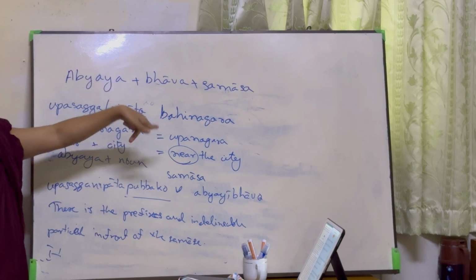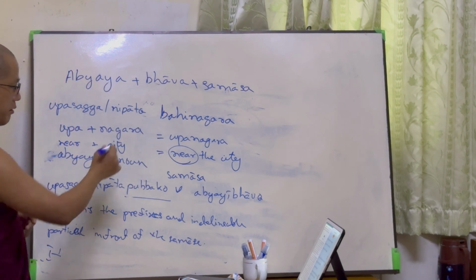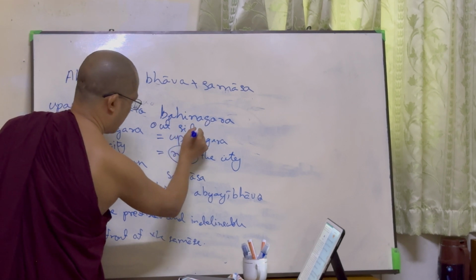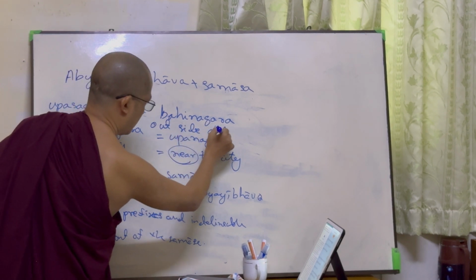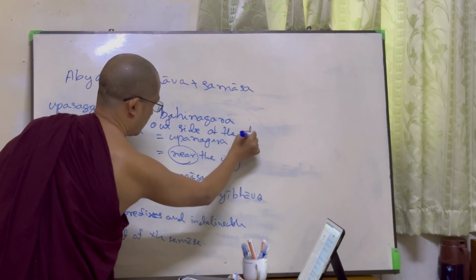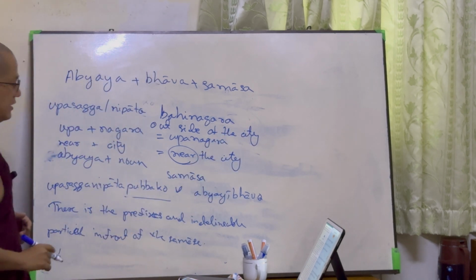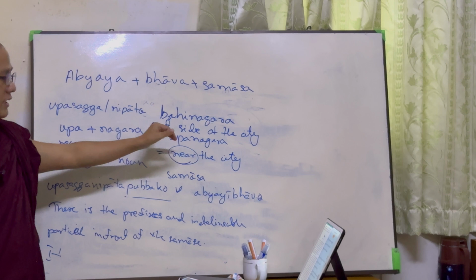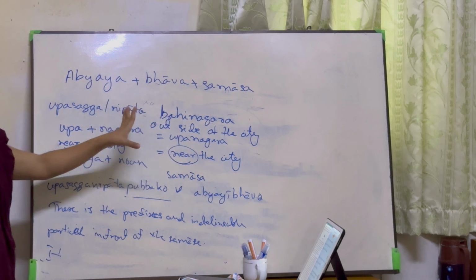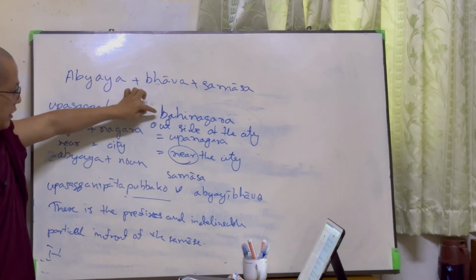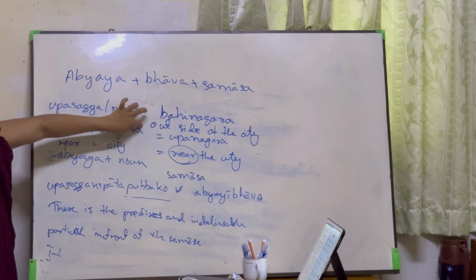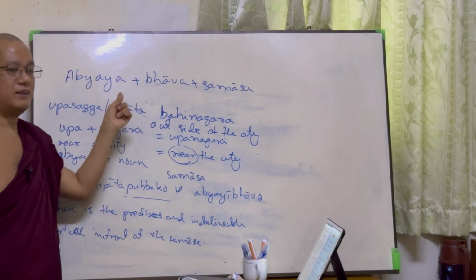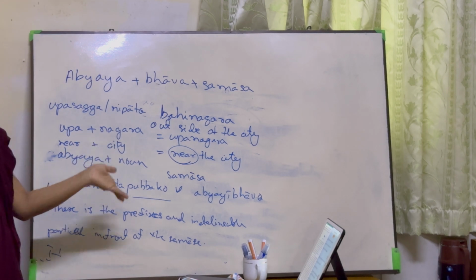By seeing the meaning translation, outside of the city, this outside is the key meaning. Therefore, after seeing the word and meaning translation, we can distinguish, oh, surely this is the Bahuvrihi Samāsa.